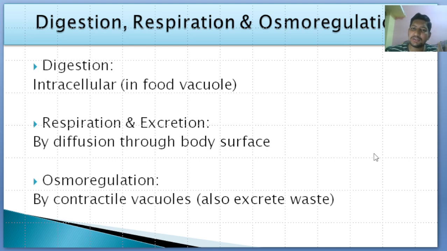But protozoans are unicellular organisms, they don't have any special organs. Therefore the body surface plays a very important role in exchange of gases and removal of waste, through diffusion. You know that diffusion is the movement of molecules from higher concentration to lower concentration.